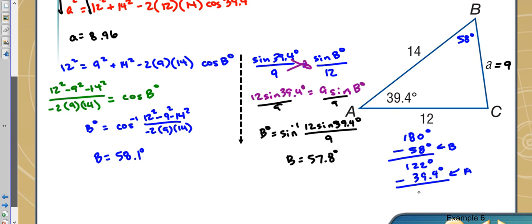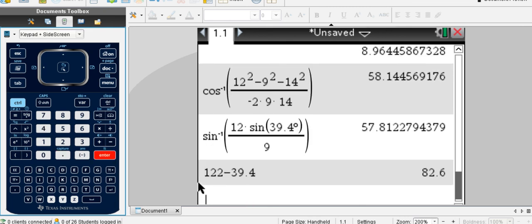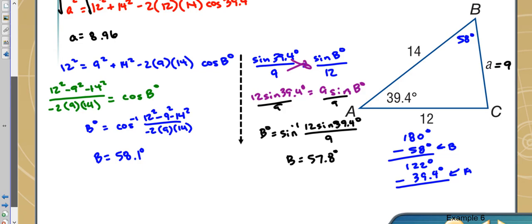The degrees are shown on this side. I'm going to make sure I don't mess that up. 122 minus 39.4 is 82.6. So we're getting 82.6 degrees. That would be our angle C.